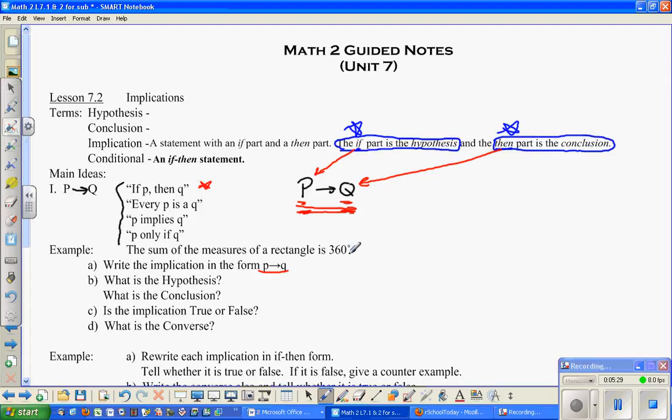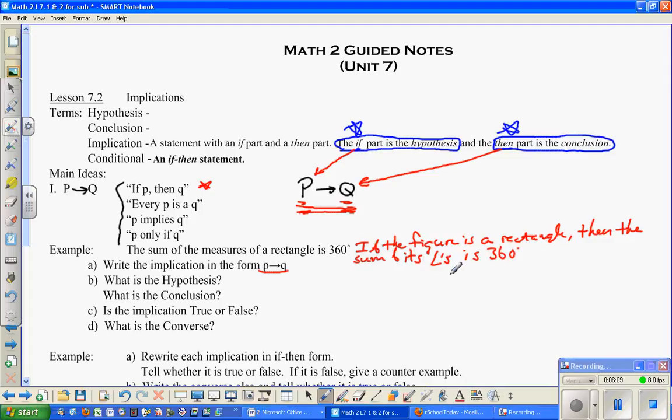So we will write, this is one way to do it: if the figure is a rectangle, then the sum of its angles, I'm going to do a shortcut for angles, is 360.